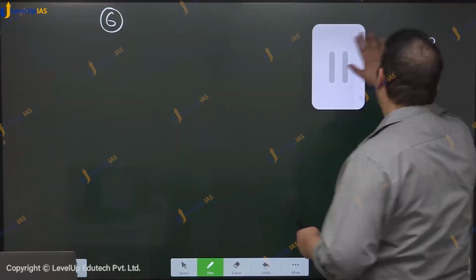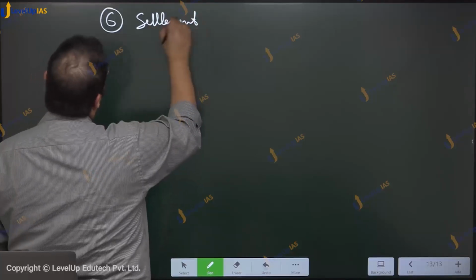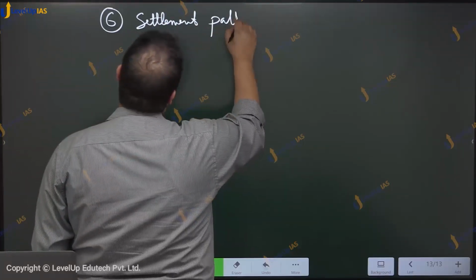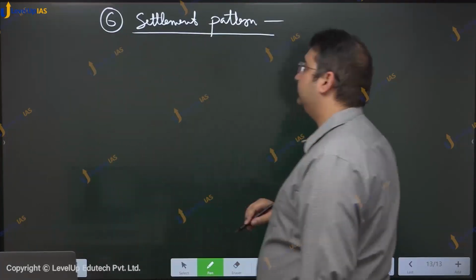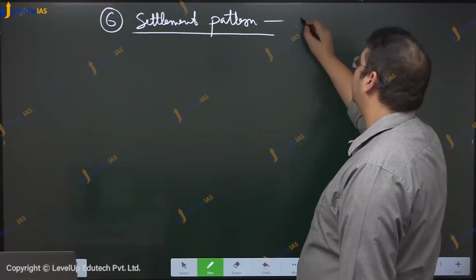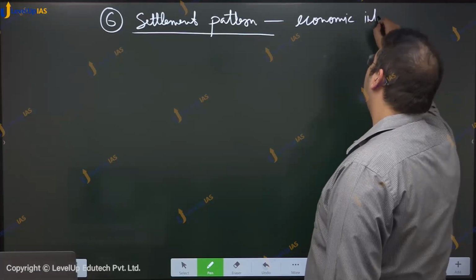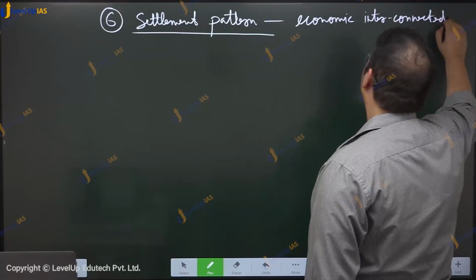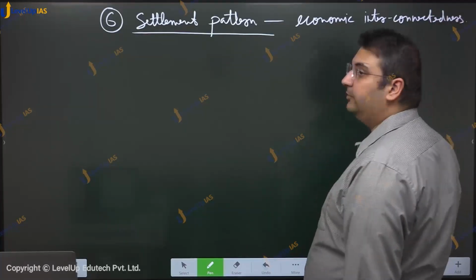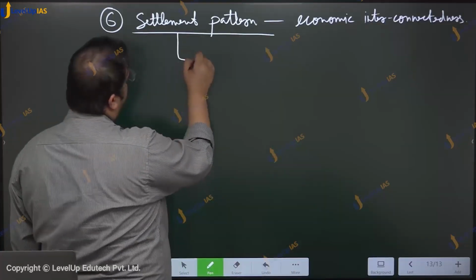ठीक है, तो राइट डाउन: the settlement pattern also reflects higher economic interconnectedness. Full stop.